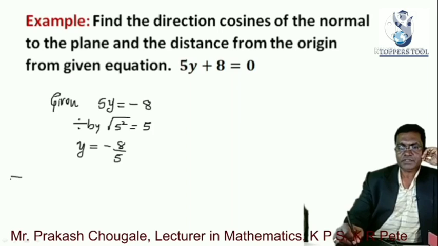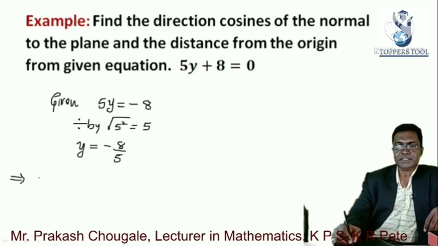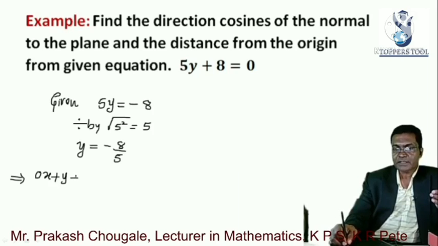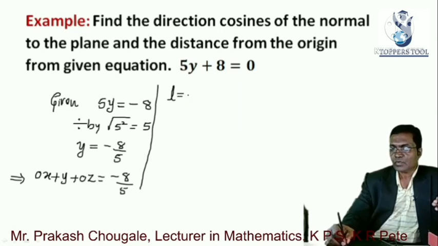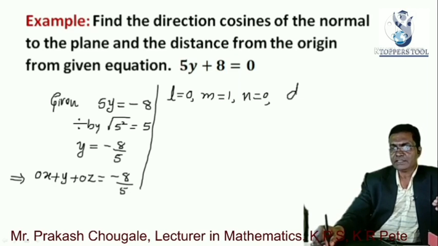From this you can express it in the form 0x plus y plus 0z equal to minus 8 by 5. So from this you can conclude L is 0, M is 1, and N is 0, and D is, well, it's a distance from the origin, so it's always positive.